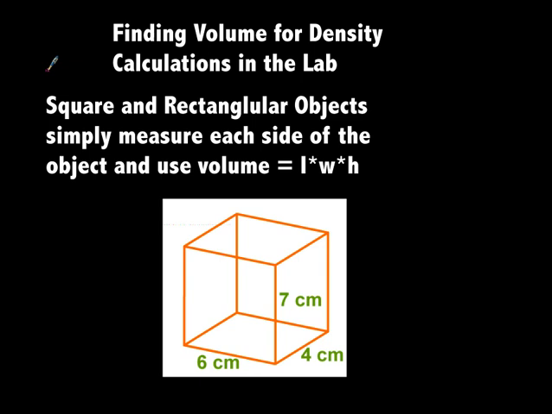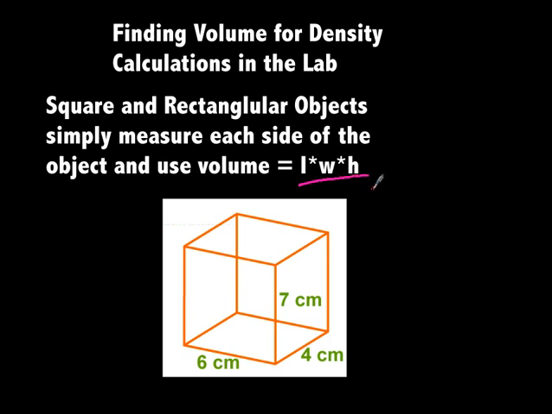Now, when we're working with density in the lab, we're going to be doing a lab where you have to put random objects in order of increasing density. So some of those objects are going to be nice squares and rectangles. When you're working with squares and rectangles, you can get the volume simply by taking length times width times height.